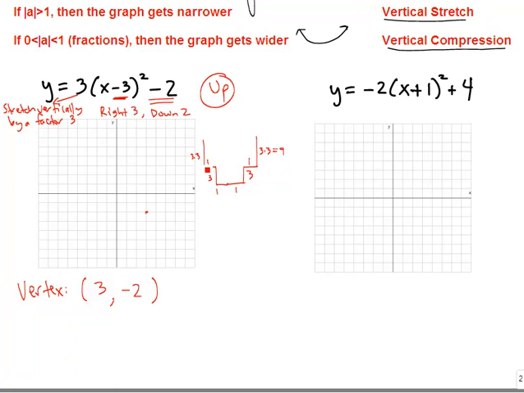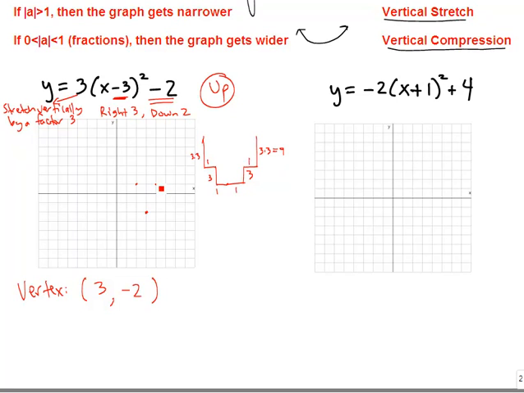And that's going to get pretty steep pretty fast, so we may actually go off of our graph doing that. So here's our vertex. We're going to want to start by going over 1, up a. A was 3, so I'm going to go up 1, 2, 3. And I'm going to do that on the left side as well. Over 1, up 3. So there's 2 side points.